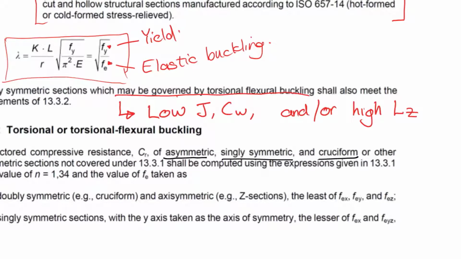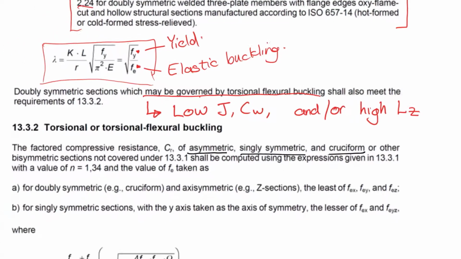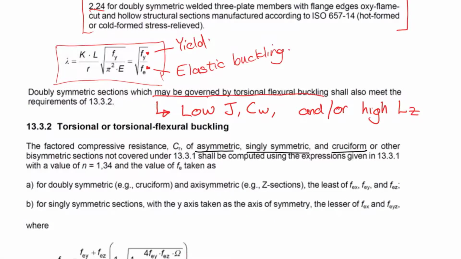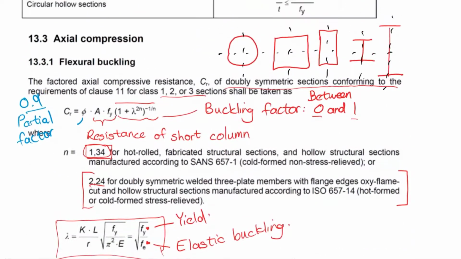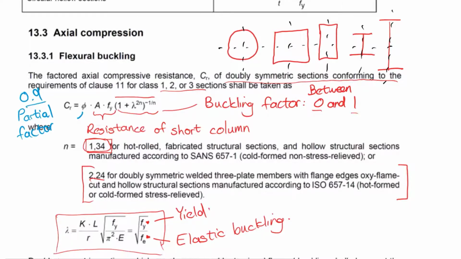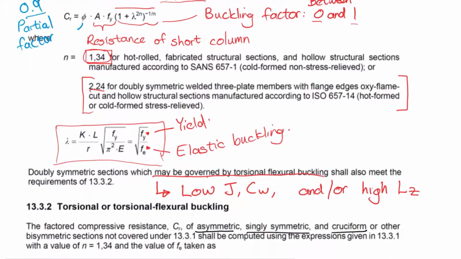Normally when you have a high Lz and low other values, you have some sort of weird connections that do it. It's very difficult to know offhand if it would occur. You'd actually have to run the calculations in most cases. However, in general, if you have a doubly symmetric section, especially pretty much all the sections in the red book, it won't occur. But if you have a very thin section, perhaps it would start occurring.